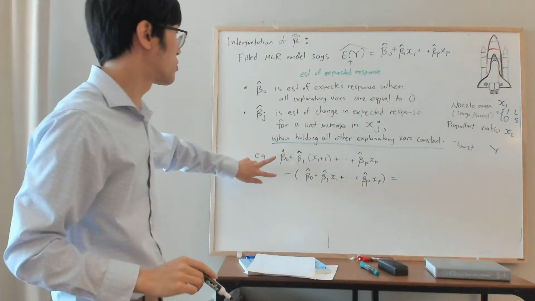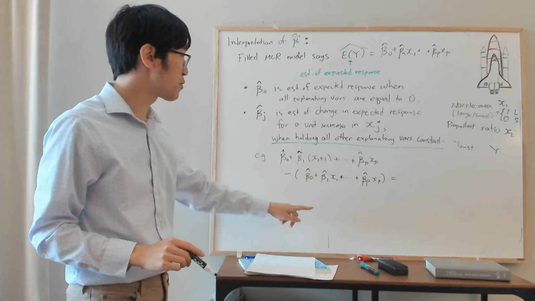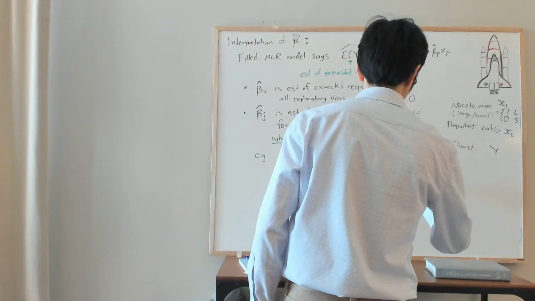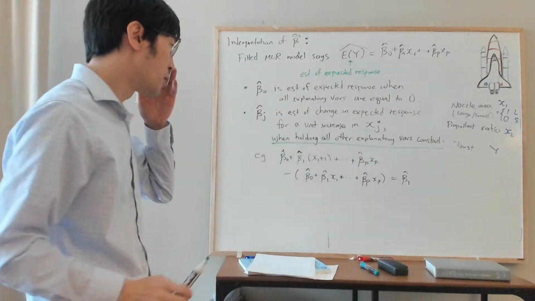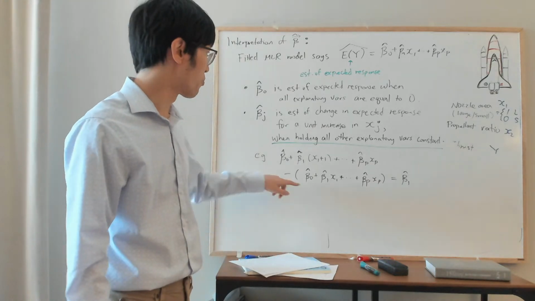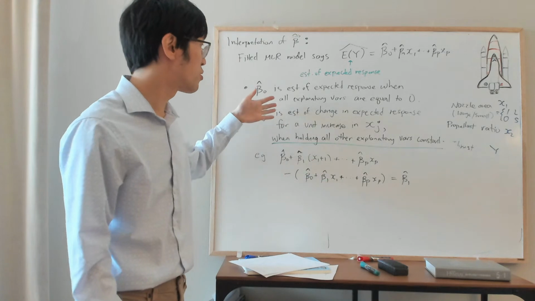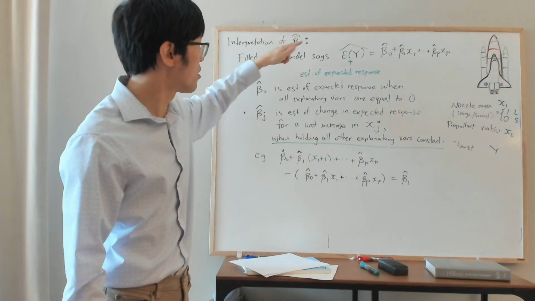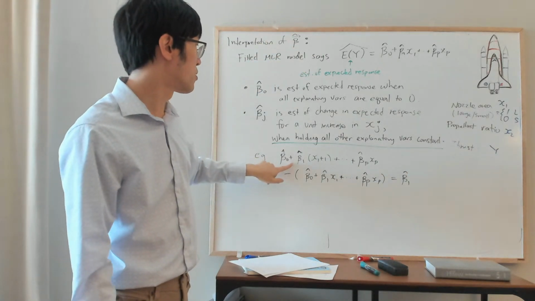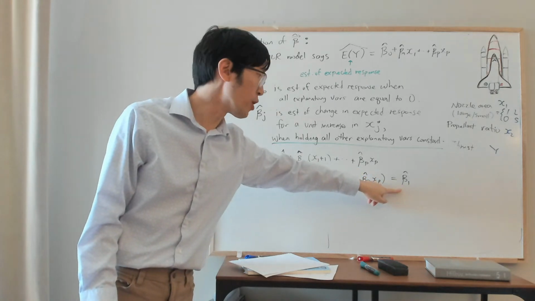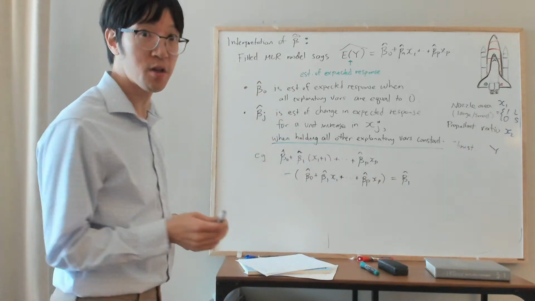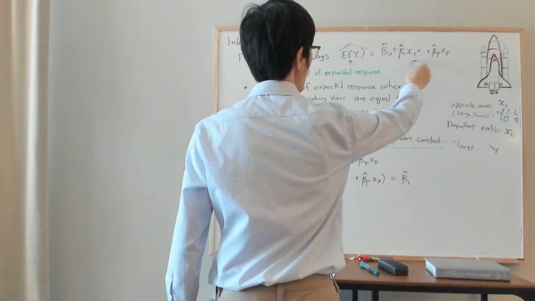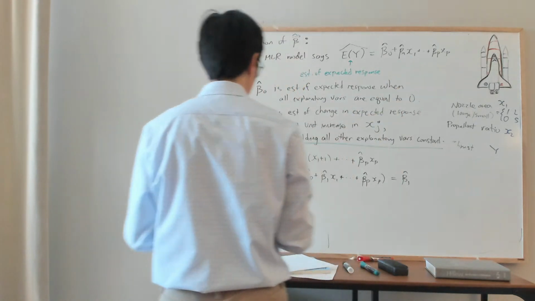The only change in these two expressions is that I've added 1 to the value of x1, so after subtracting, the only thing left is beta 1. Mathematically, that's how we can see why this is the correct interpretation: the estimated change in the expected response is exactly the parameter we have estimated, beta 1. The same logic applies to any of these parameters beta j, where j is anywhere from 1 to p.